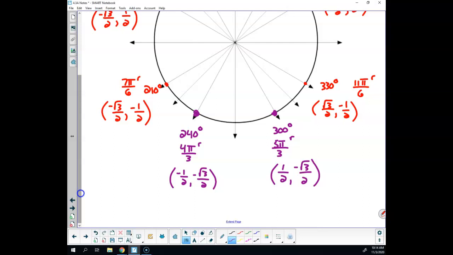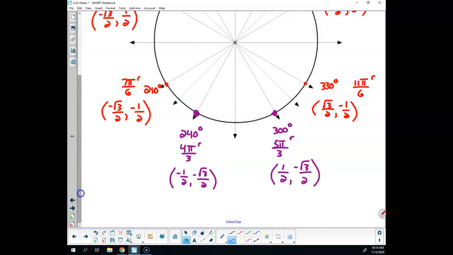Add 60 more degrees, and we're back at 0, or 360 degrees, or 2 pi.